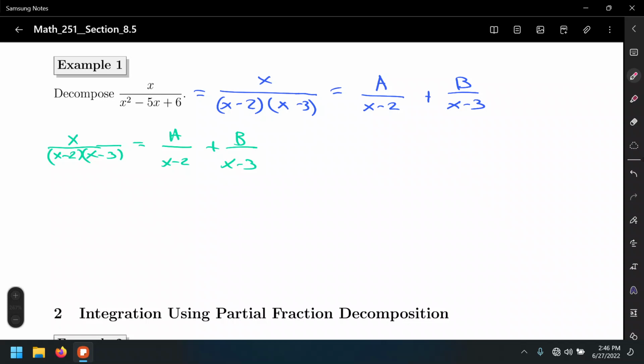So let's multiply by the least common denominator. That is the quantity that will divide both x minus 2 and x minus 3. And that least common denominator happens to be the product of these two, x minus 2, x minus 3.